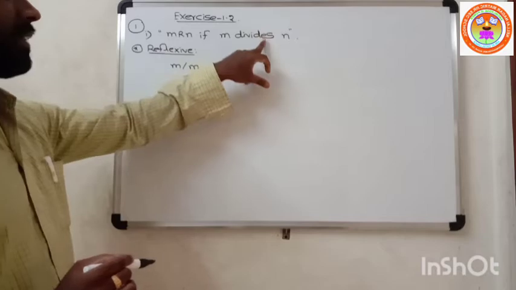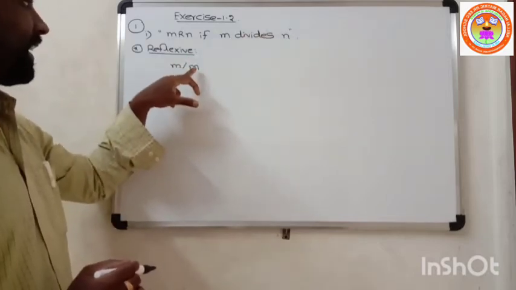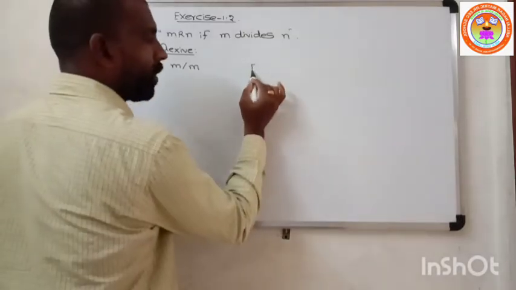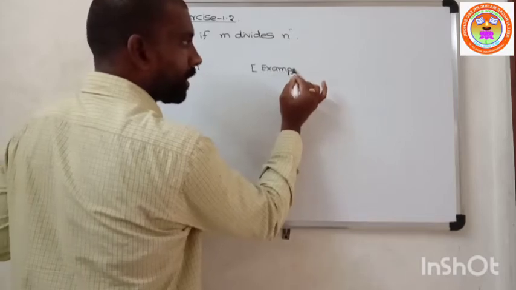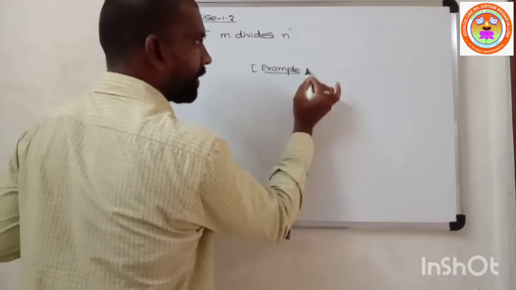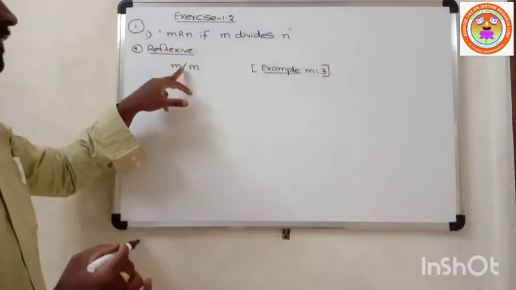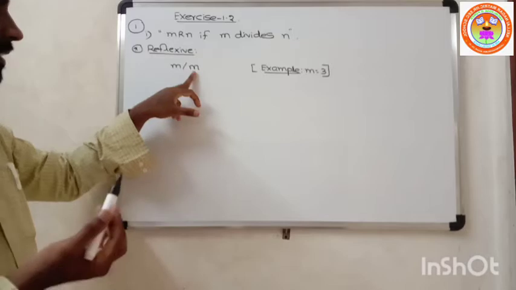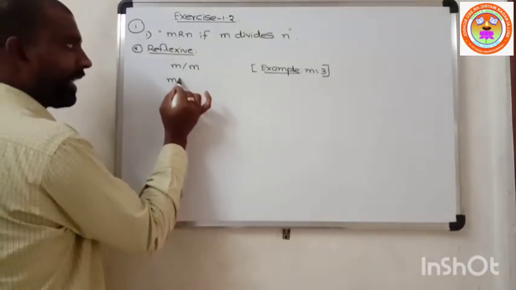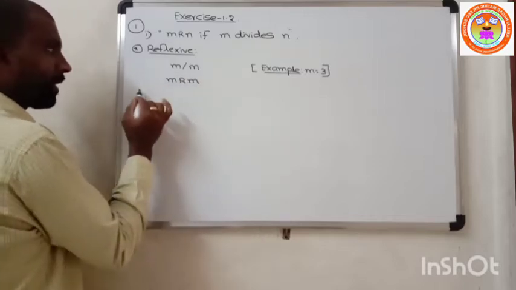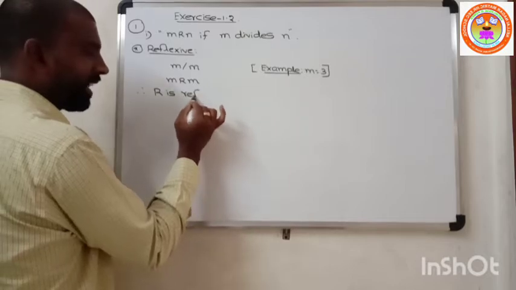You take one example, m equal to 3. 3 divides 3, it is possible. So m related m. Therefore, R is reflexive.